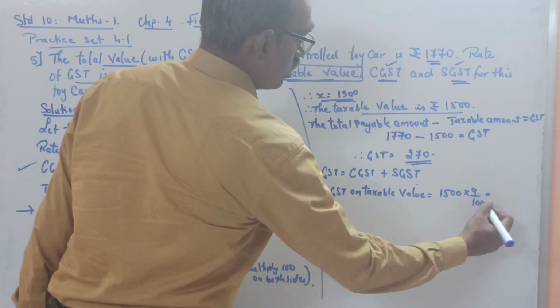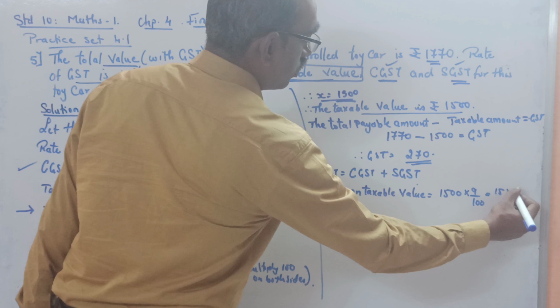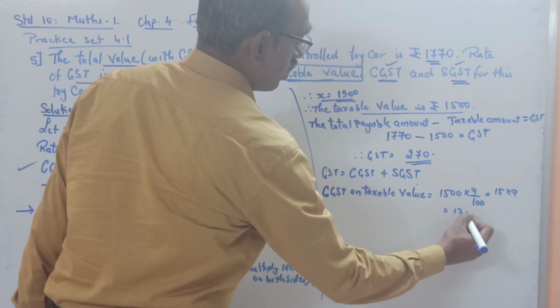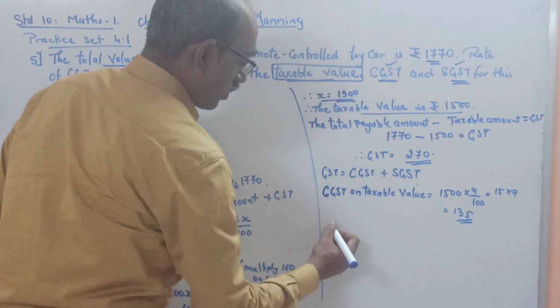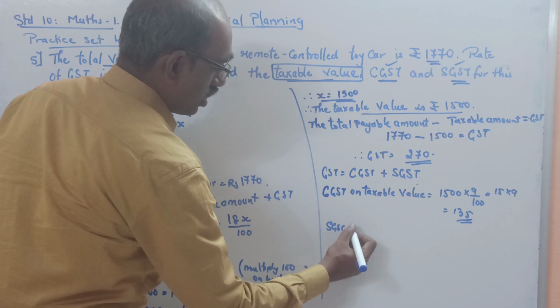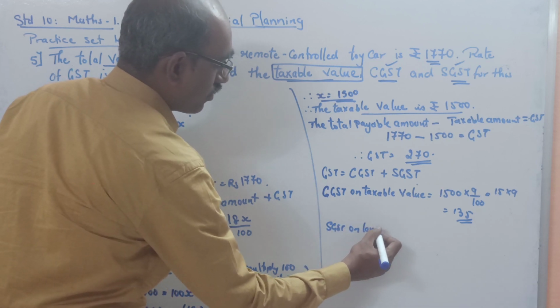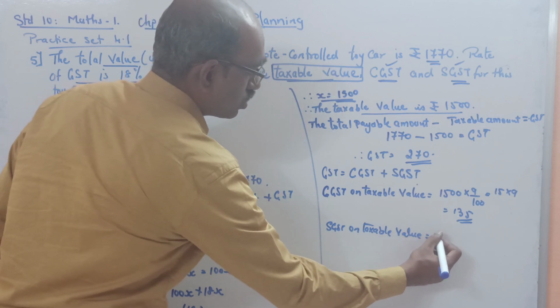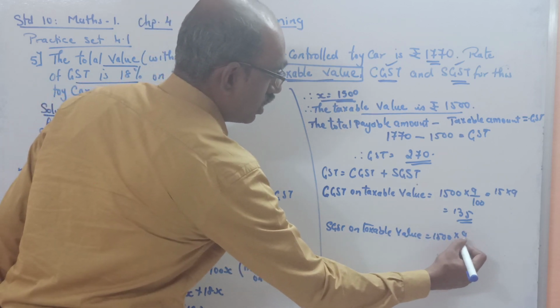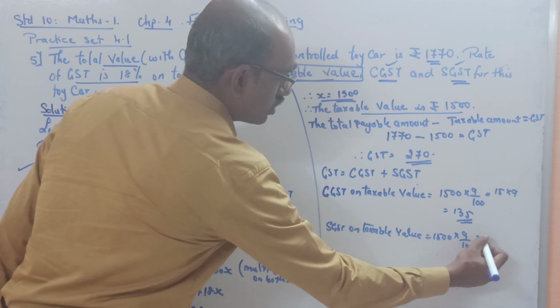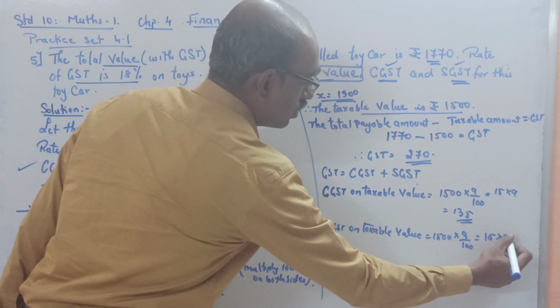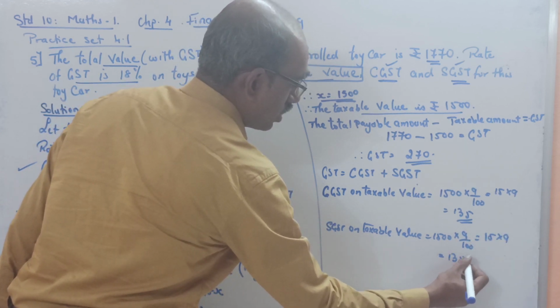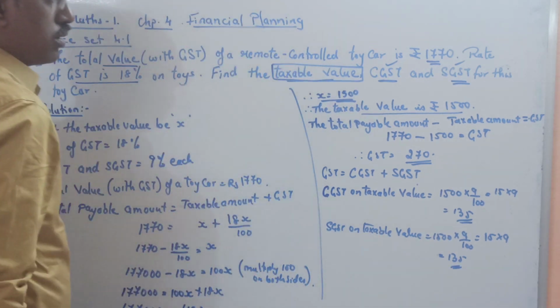The two zeros cancel, and 15 into 9 is 135. Same thing for state GST on taxable value: 1500 into 9 upon 100 is equal to 15 into 9, which is 135. Here the sum gets over.